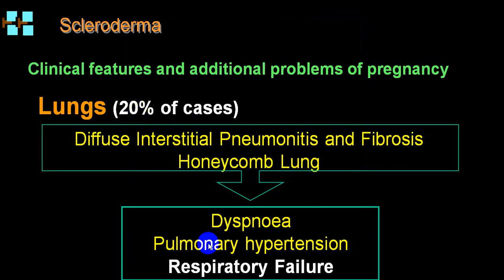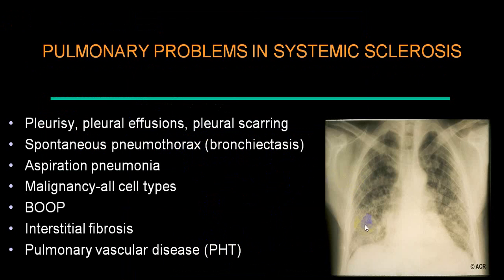Lung can be involved. You can have involvement of the basal part of the lung. We call it diffuse interstitial pneumonitis and fibrosis, mainly basilar pulmonary fibrosis, which is more common, and that can end up with pulmonary hypertension, spontaneous pneumothorax, maybe pleural effusion, pleurisy, bronchiectasis, aspiration pneumonia, and very rarely malignancy.